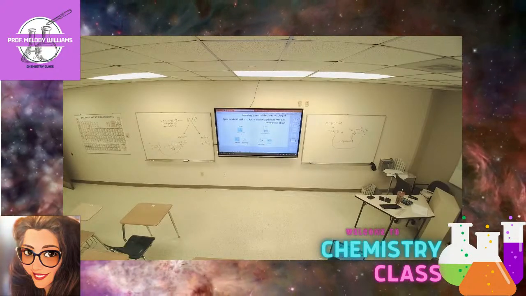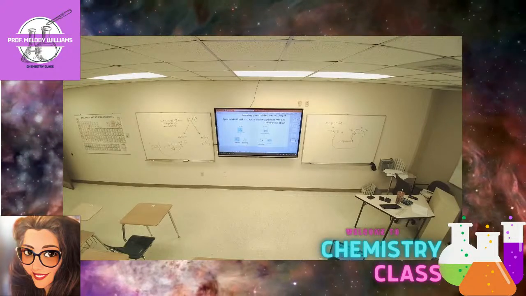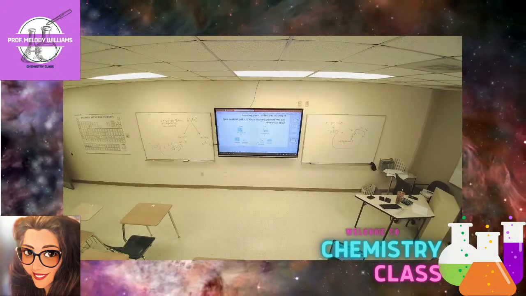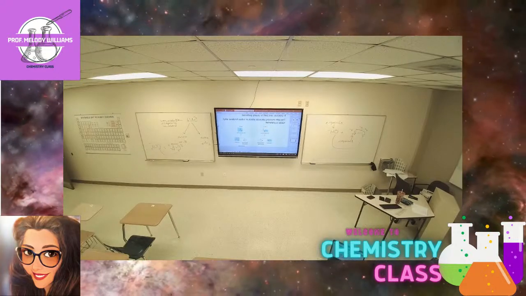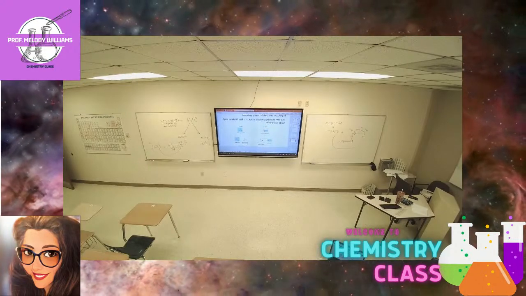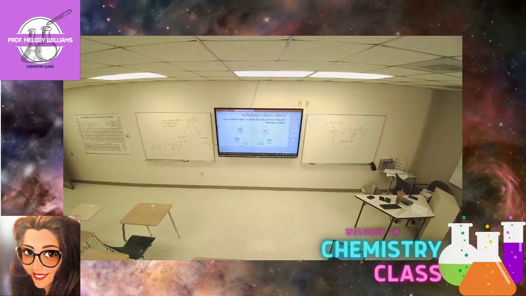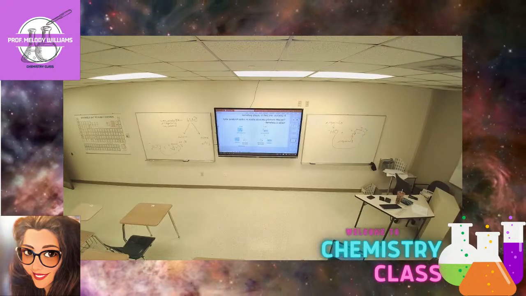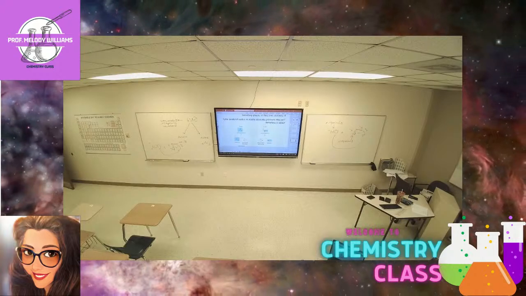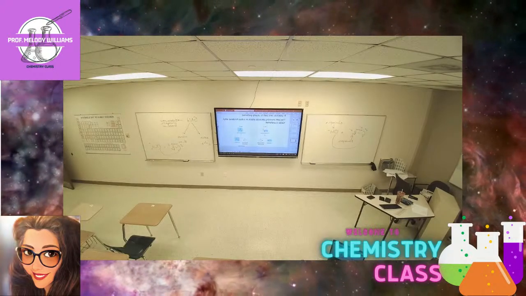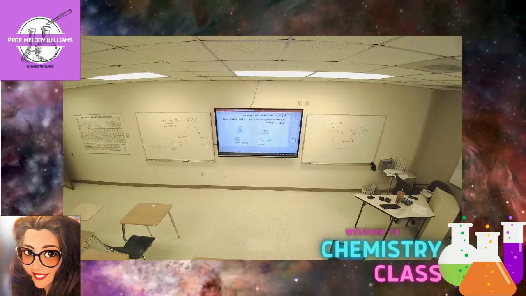Are attracted to that partial positive. Here, I'll even write it in blue. We'll write it in blue. There we go. So they often call this an attack. This is called an attack.